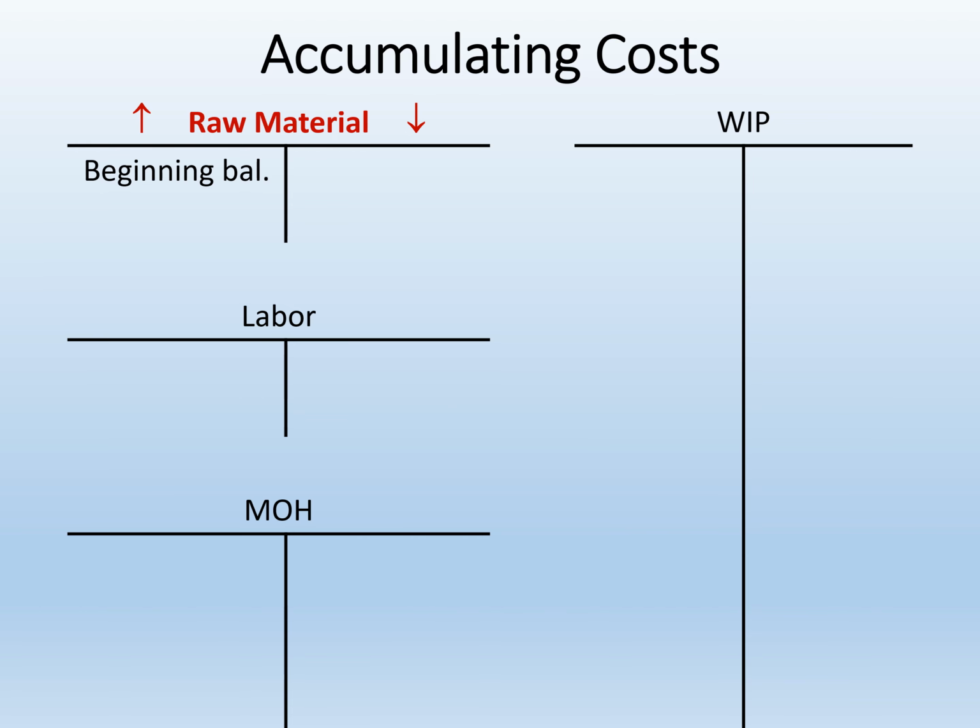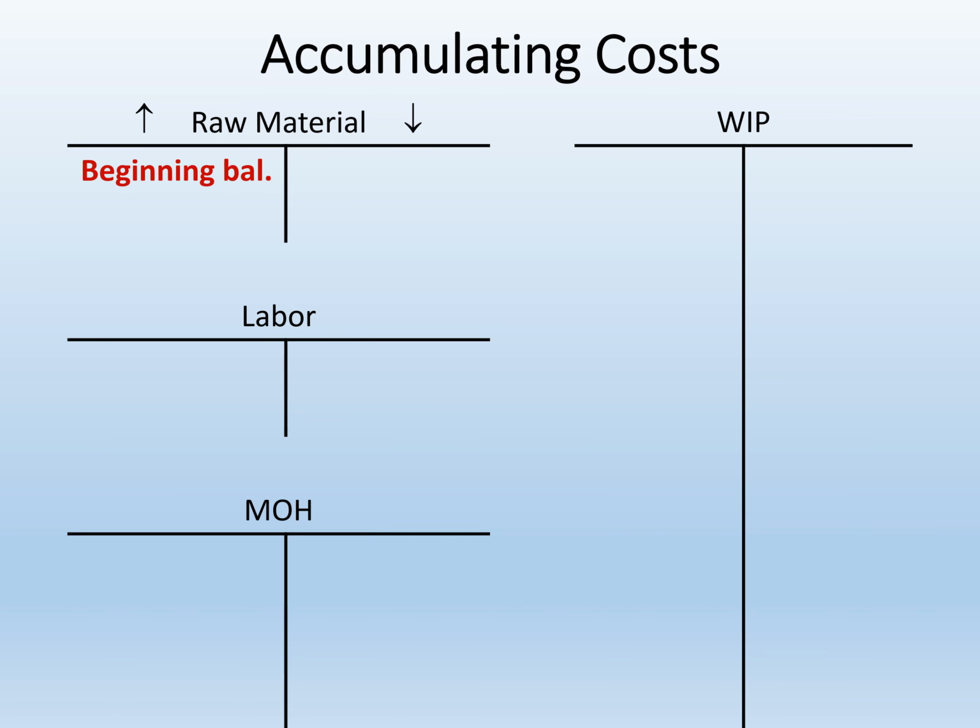This account is an asset. That means that it increases on the left or debit side when the firm acquires more raw materials, and it decreases on the right or credit side when the firm uses some of those raw materials.